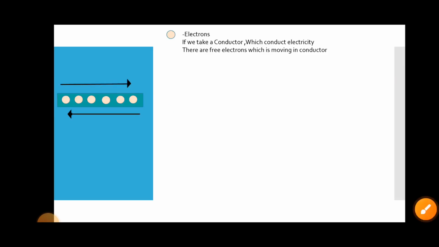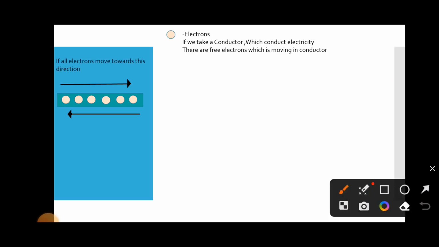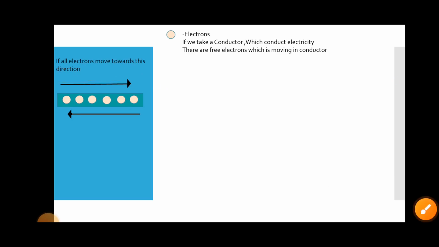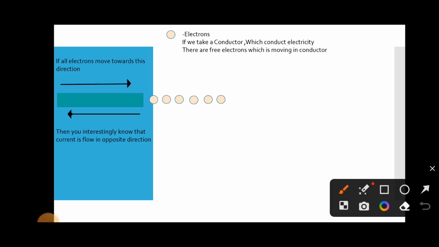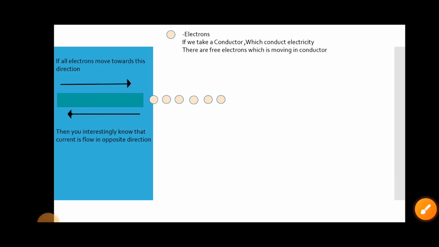So if all the electrons move towards this direction, then, interestingly, the current is flowing in the opposite direction.